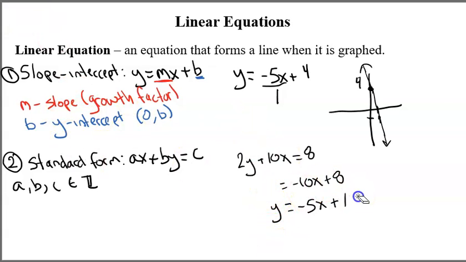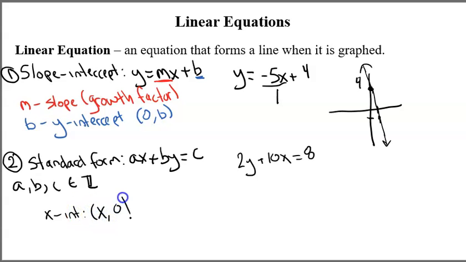So they're equivalent forms of the same line. Another way to look at these equations is by the intercepts. So a popular way to graph these is to look at the intercepts. So remember, an x-intercept always has the form of something comma 0, and the y-intercept looks like 0 comma y.